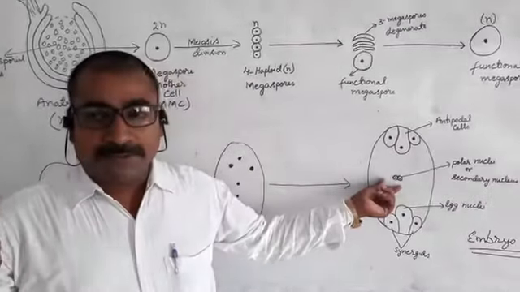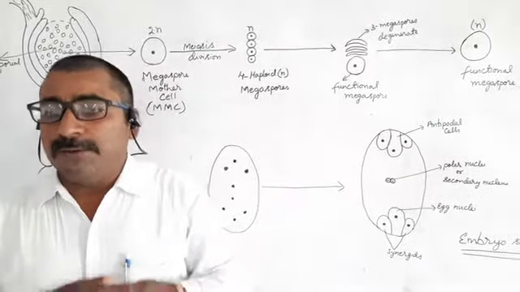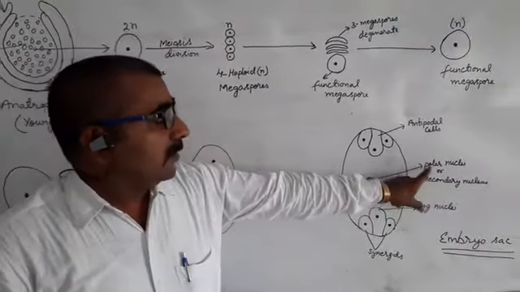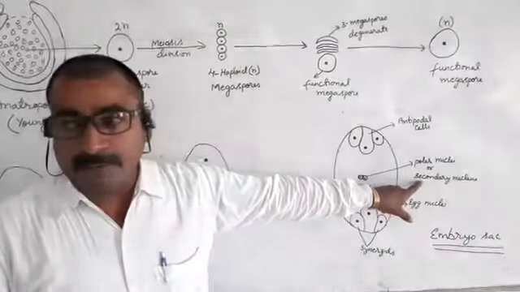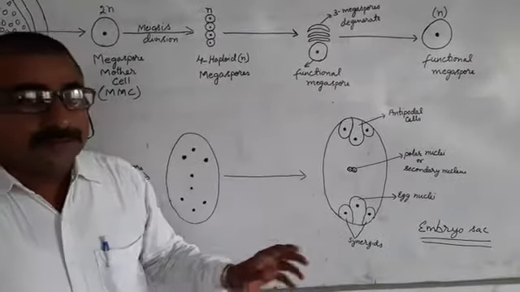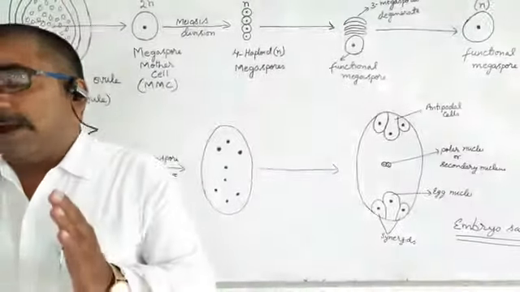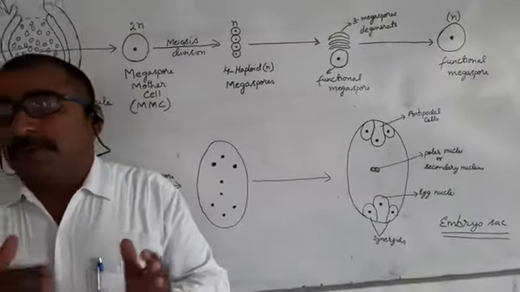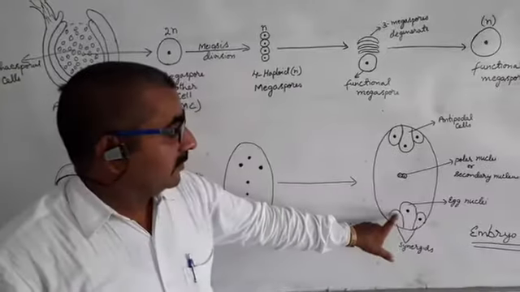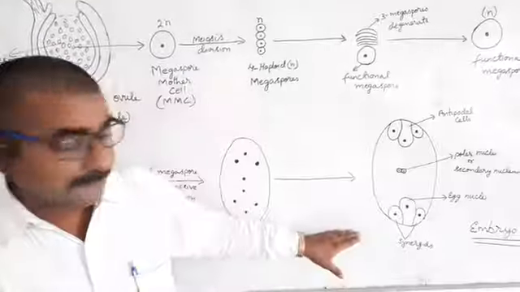Two of the nuclei remain joined together, and these 2 nuclei are called polar nuclei or the secondary nucleus. The remaining 3 cells arrange themselves towards the micropylar end, which I have shown you in the diagram of the ovule.